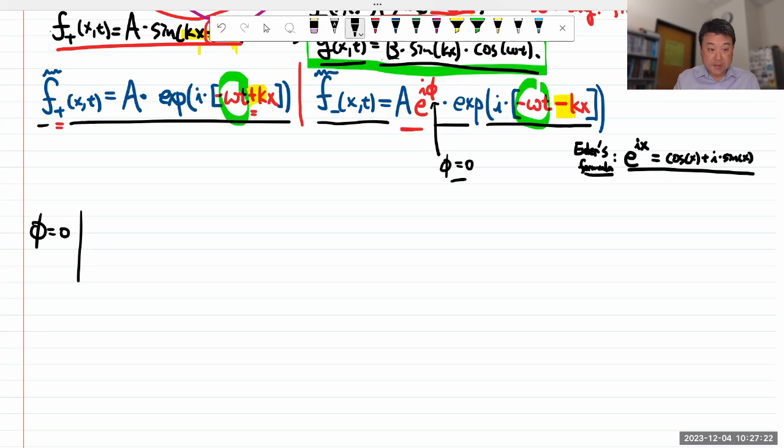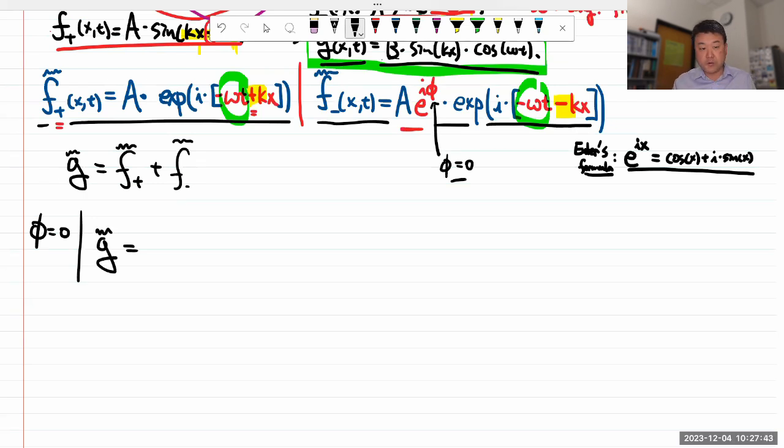So let me just write that. My function g will simply be the sum of f plus and f minus. That's how my g, as my complex combined, overlapped, interfered function, will be. So I'll just write down g as that.